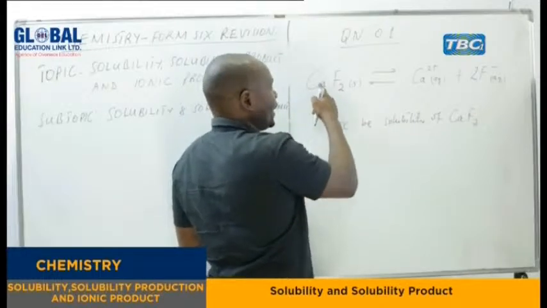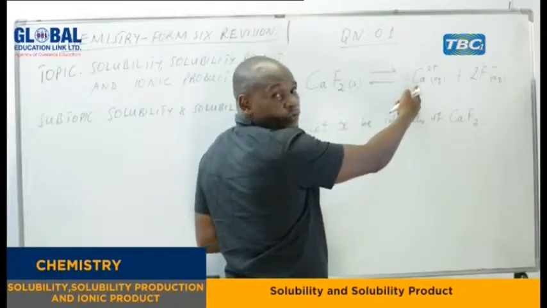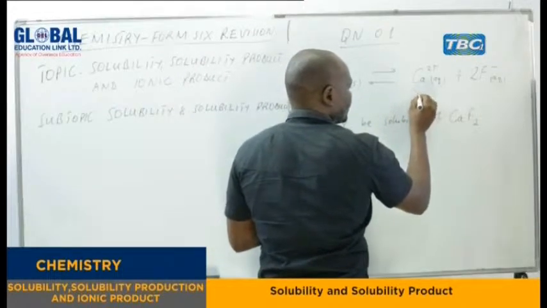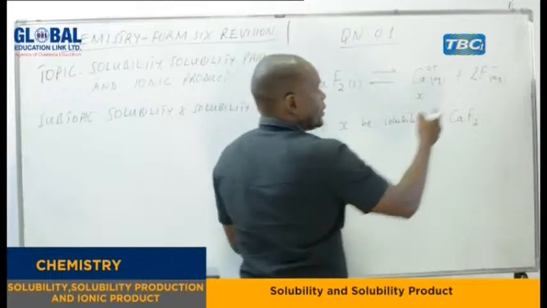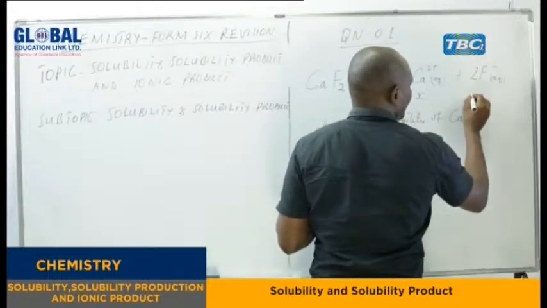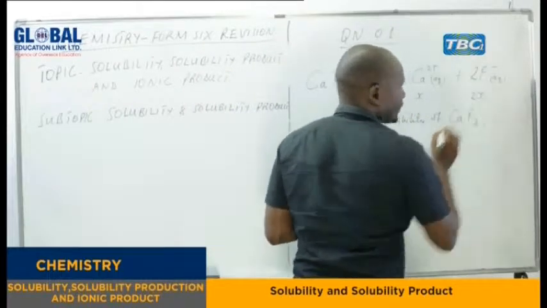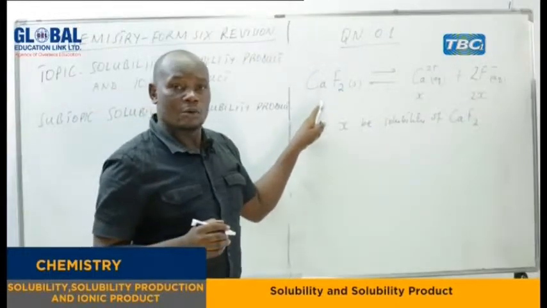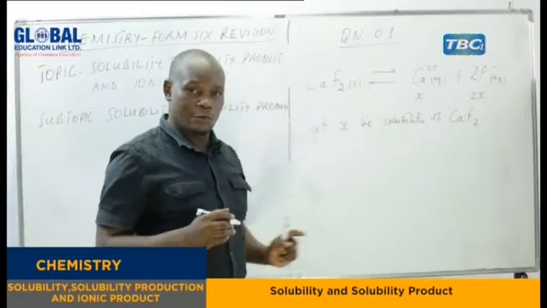So if it undergoes dissolution to release 1 mole of calcium ions, that means this one will also be X. And here this one will be 2X, since it is 2 times the concentration of calcium fluoride.